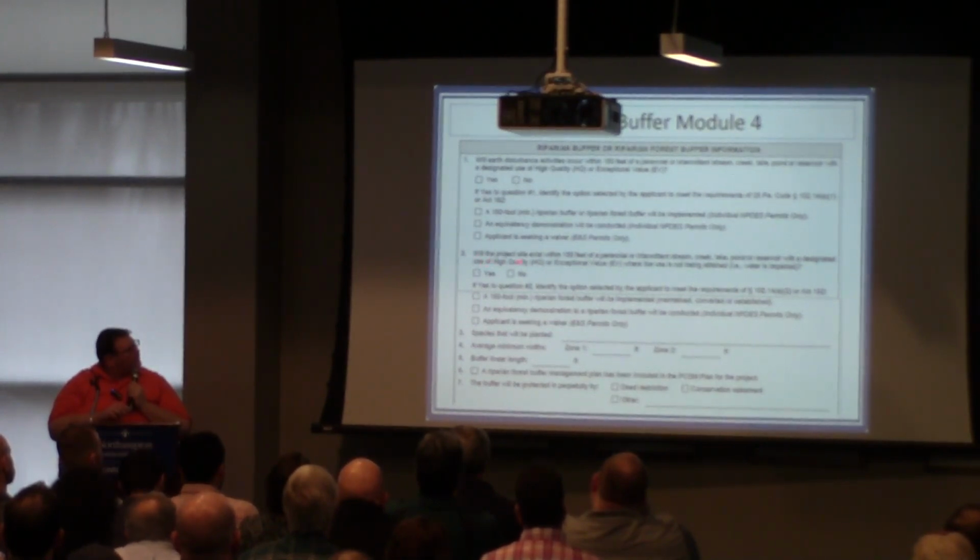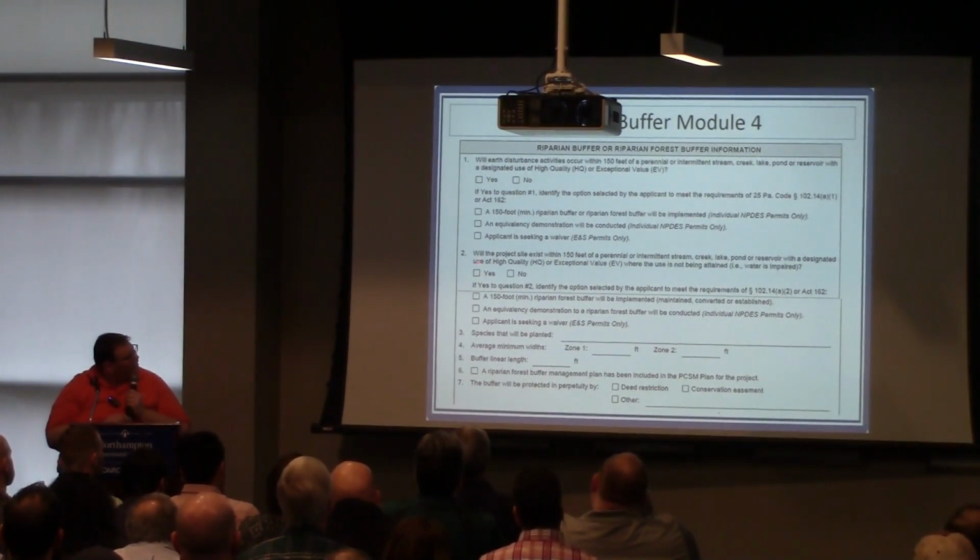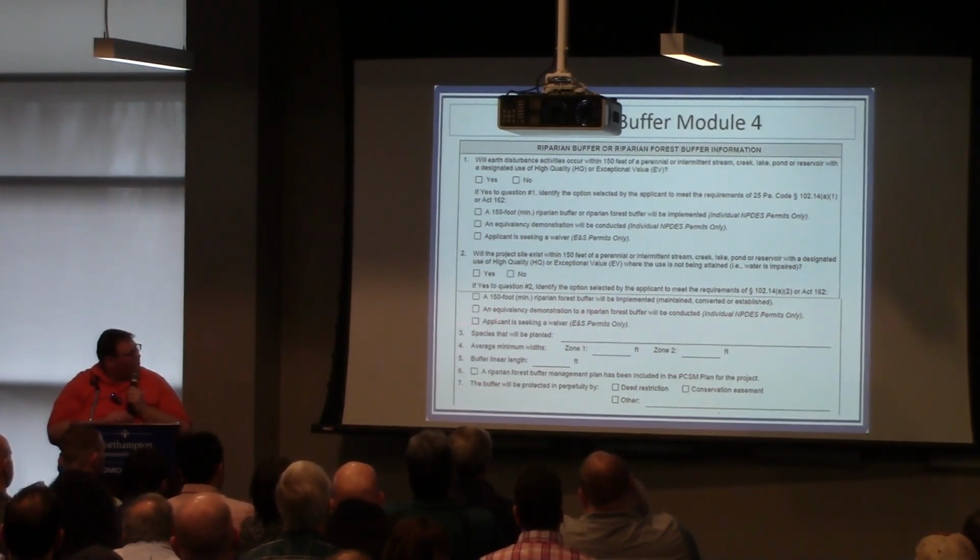And then, will the project site exist within 150 feet? Yes. This is where we're going to talk about, are you going to be providing the buffer? Again, is it an equivalency demonstration? Or for E&S permits you can seek a waiver.